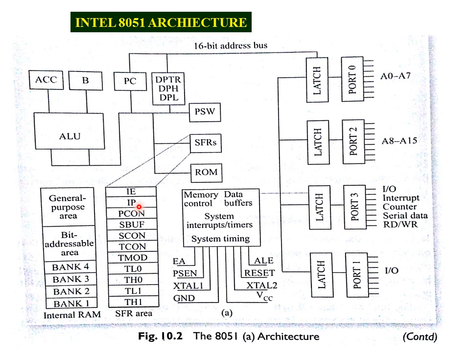Next, IP is interrupt priority. When more interrupts come at the same time, to give the priority, this register is preferred. Next, PCON, this is called the power control register. To control the power related to the 8051 microcontroller, this register is used.